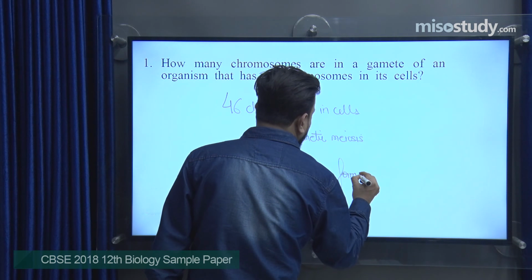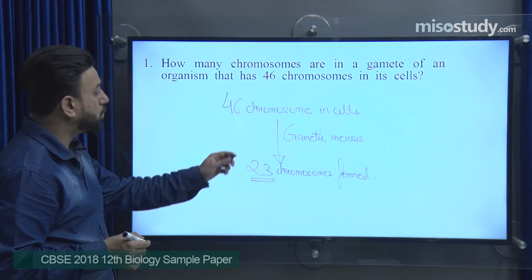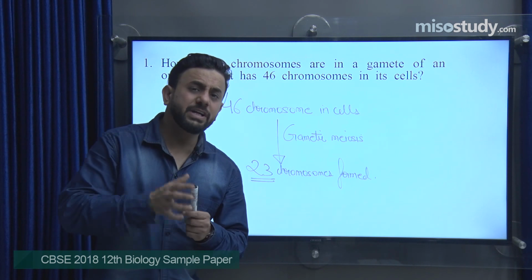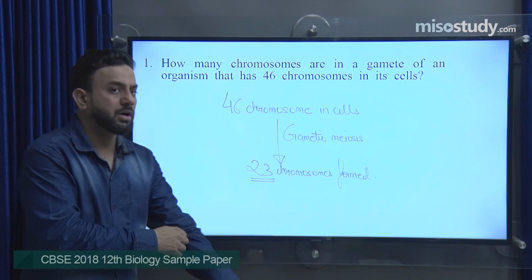Okay, hence in the gamete 23 chromosomes will be there. Now why are 23 chromosomes formed? Let us understand this.